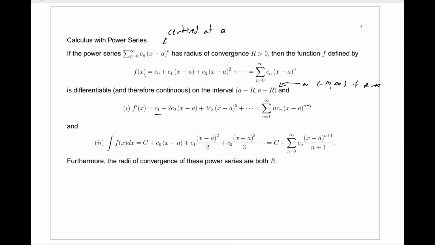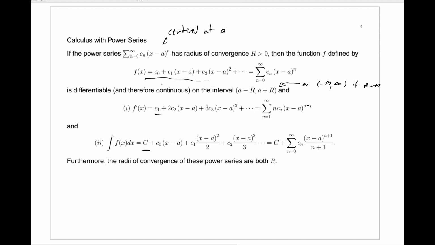Now, it's not just true that we can differentiate a function with a power series representation by differentiating term by term. We can integrate a function. If we want the indefinite integral of f of x dx, that will of course be some arbitrary constant C, we're just writing it at the beginning for convenience, plus what you get when you integrate each term one by one. We integrate each term. The integral of c0 can be c0 times (x minus a).